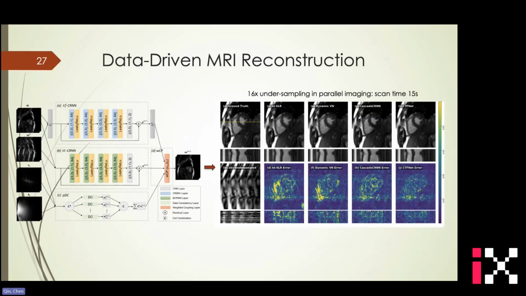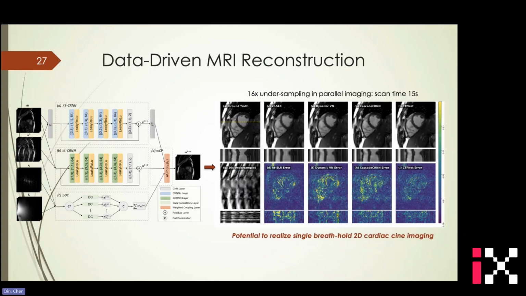And what we can get here is, because we use it in a parallel imaging setting, we can speed this up further. Here we do 16 times acceleration, which allows us to reduce the scan time to 15 seconds for this cine sequence, which has the potential to realize single breath-hold 2D cardiac imaging. So you just hold your breath once, and then the whole heart is acquired.